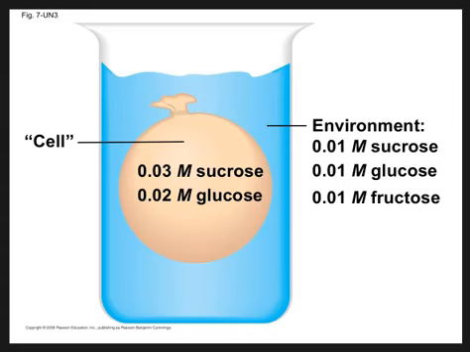I want you to figure out what's going to happen with relationship to the contents inside the cell. Who's going to move in and out? Is sucrose going to move in and out, glucose, fructose, or the water? So I'll say that again. Sucrose cannot cross this membrane. Glucose, fructose, and water can cross this membrane. I'm going to count to 10 and move the slide, but you're going to want to pause so you can work this out.